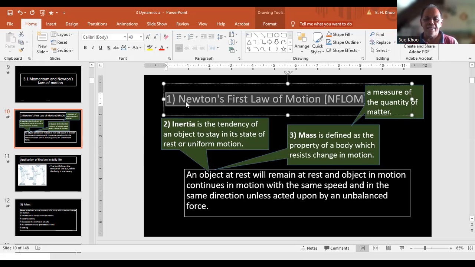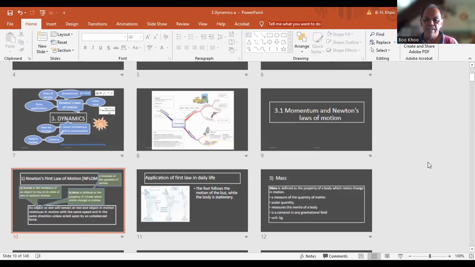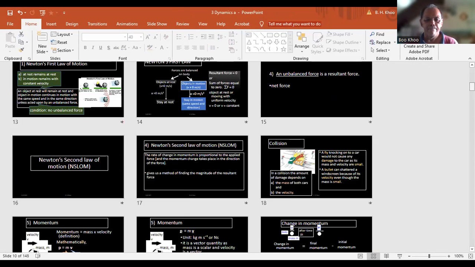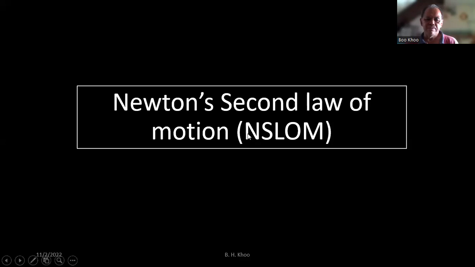Newton and F, first law, L, law, O, M. That's my short form, rather than every time writing all this long thing. So that's Newton's first law of motion. Then same thing for second law, Newton's second law of motion. Rather than always stating Newton's second law of motion, I use NS, LOM.